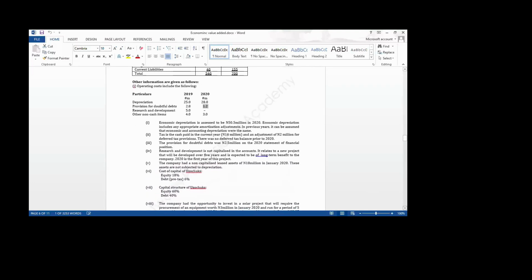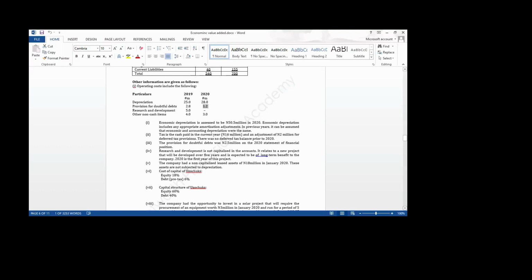Note number 4. Research and development cost is not capitalized in the accounts. That means the company has treated that research and development cost as a revenue expense, which is wrong. You know how I explain it.